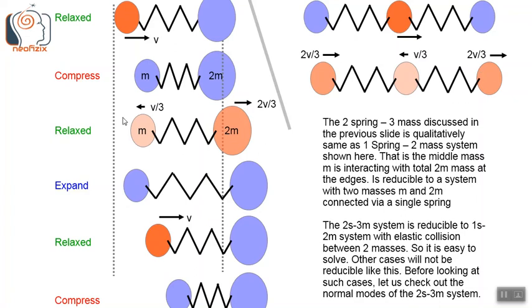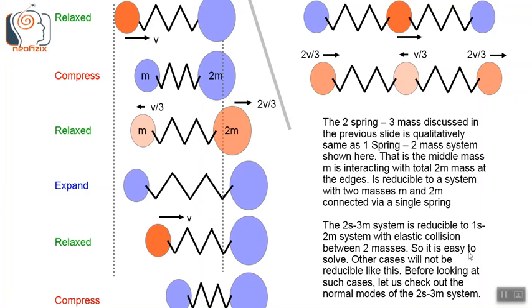So the two spring three mass system is kind of reducible to the one spring two mass system with elastic collision between these two masses. So this can be reduced to this, and these two mass systems are easy to analyze using the elastic collision equations.